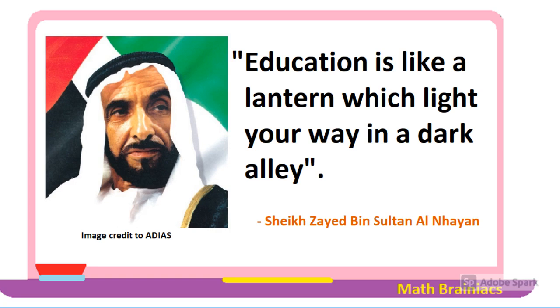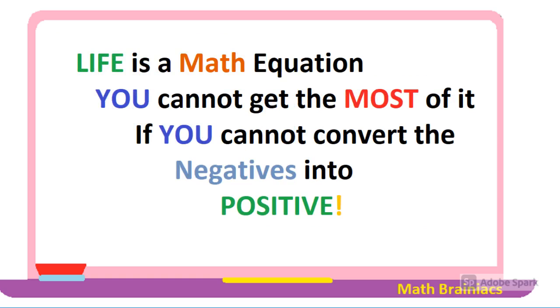The genuine concern of Sheikh Zayed for his nation will always remain, as this quote will be handed down from generation to generation. And to encapsulate our lesson for today, I want you to always remember that life is a math equation. You cannot get the most of it if you cannot convert the negatives into positive.